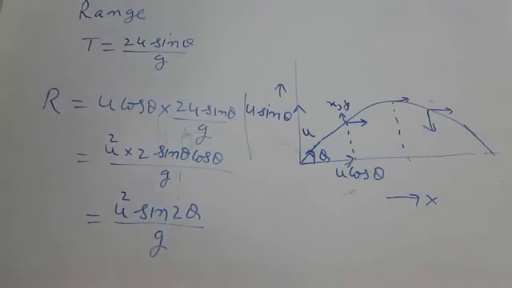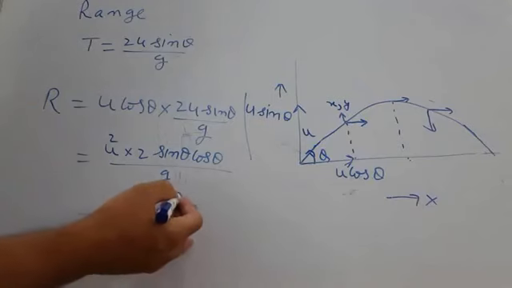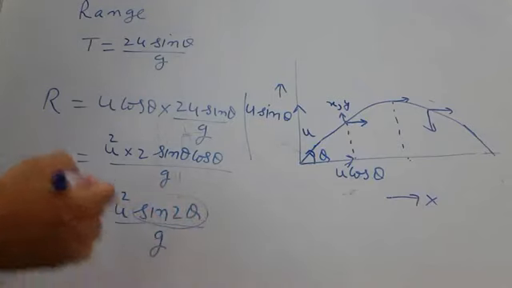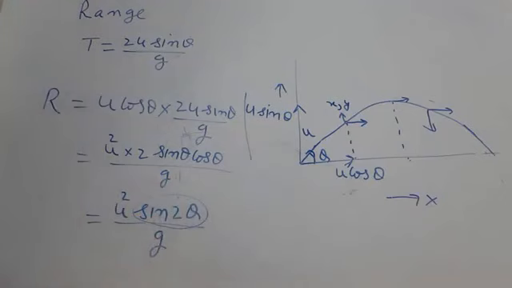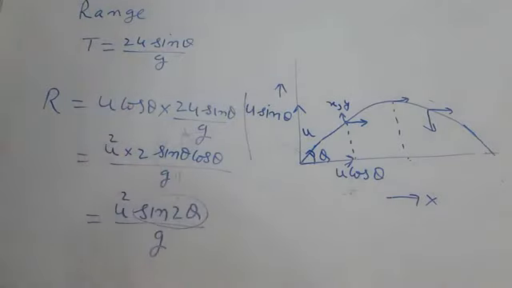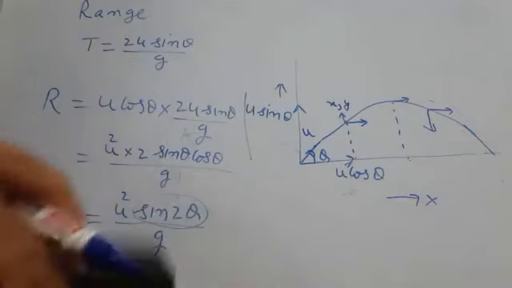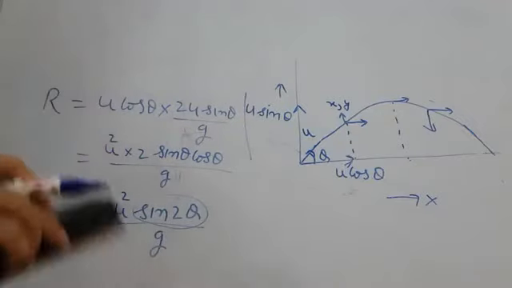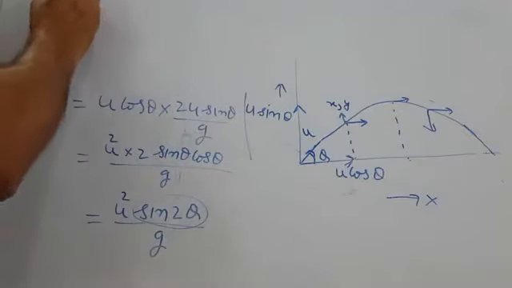Now we will find out the maximum horizontal range, or under which condition the horizontal distance traveled will be maximum. This distance will be maximum if sine 2 theta has its maximum value. The maximum possible value of sine is 1. So if it is 1, then R maximum will be u square by g.